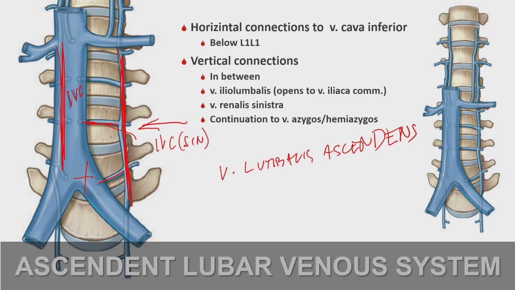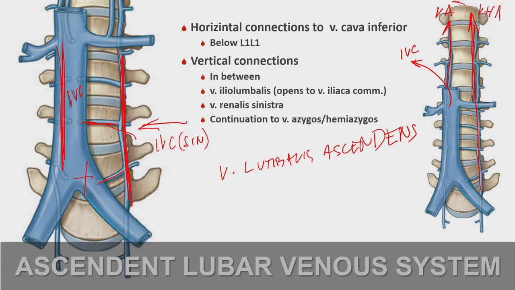And in general, when we look at the system, it has three outflows from the retroperitoneum. One is the inferior vena cava, the second is the vena azygos, and the third one is the vena hemiazygos.